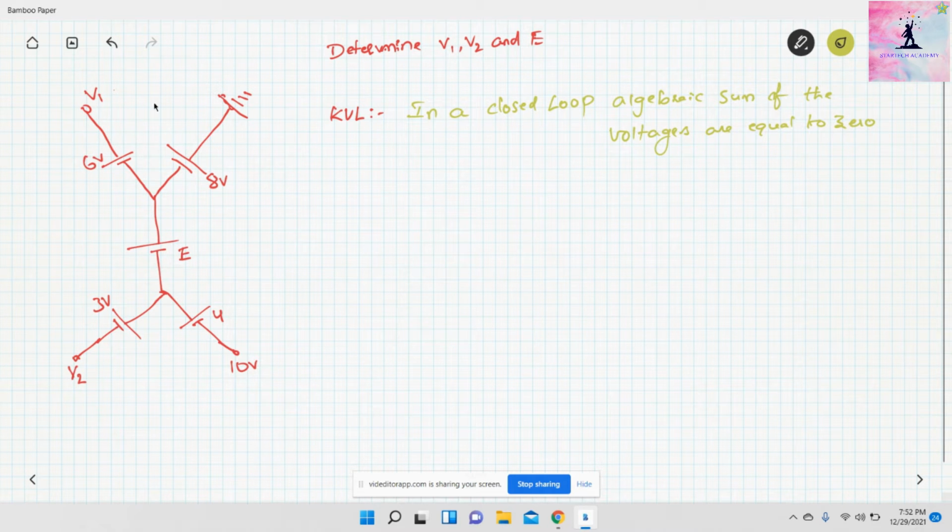So first of all, we have to identify the loop in which we are applying KVL.